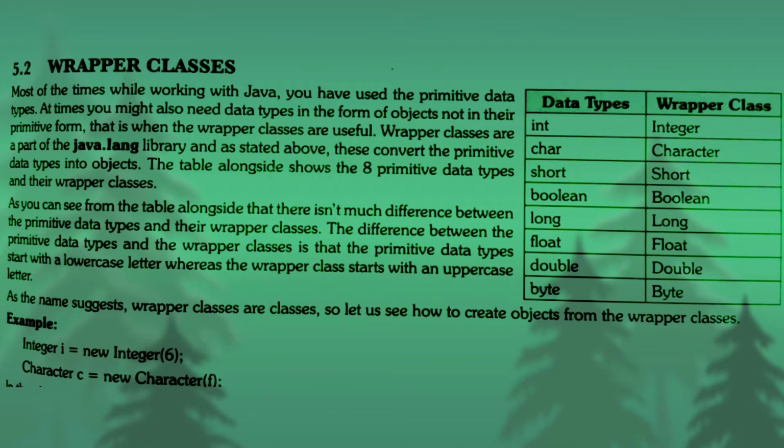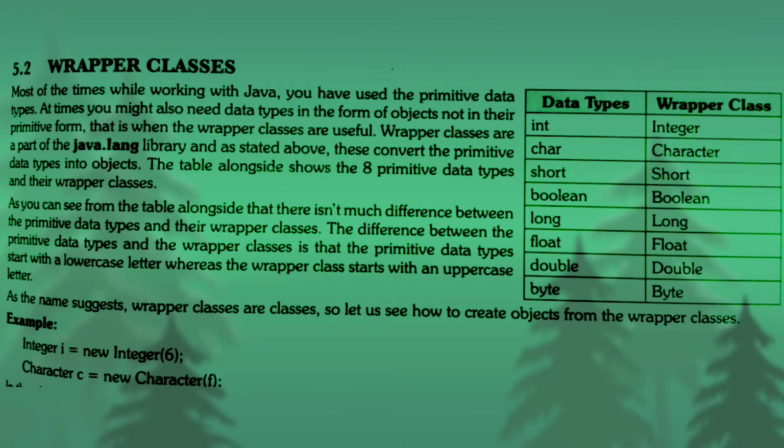So keep in mind that the data type names are all in small case, whereas in wrapper classes the name of the class starts with a capital letter, like Integer with I capital, Character with C capital. So these all are wrapper classes in Java.